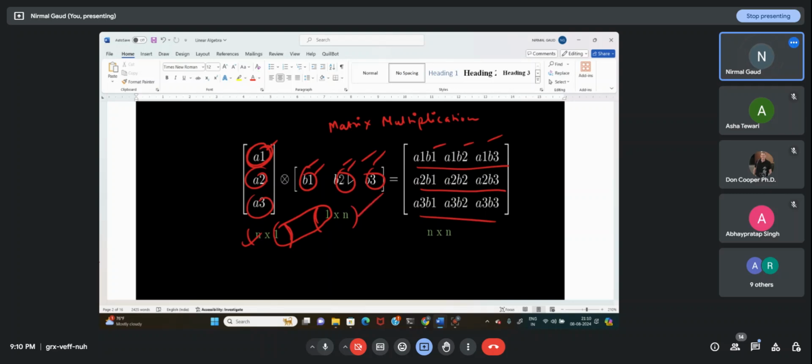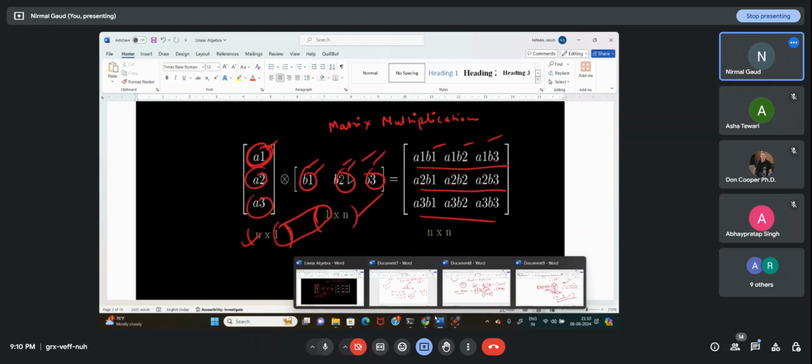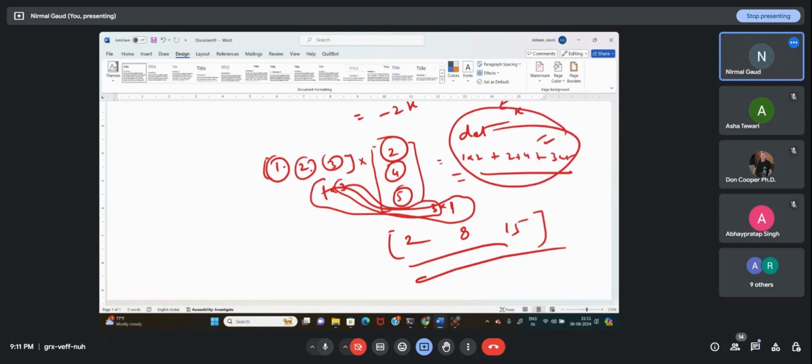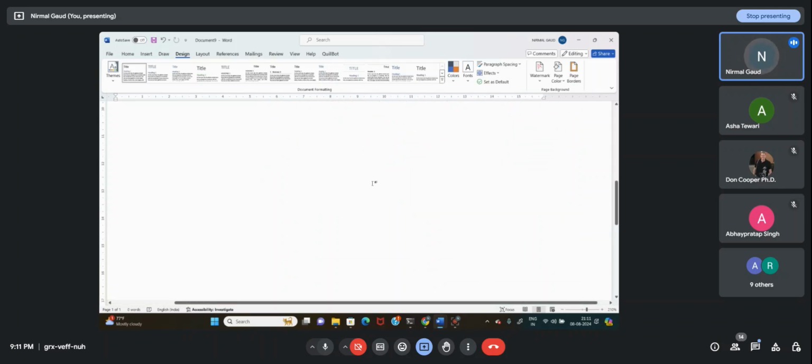And here, this is 1 cross 3 and 3 cross 1, so the answer should be 1 cross 1. This is giving 1 cross 1, that means 2 plus 8 plus 15, so this is 25. One row and one column. This should be the answer. And if I change the orientation, that's what you have seen.